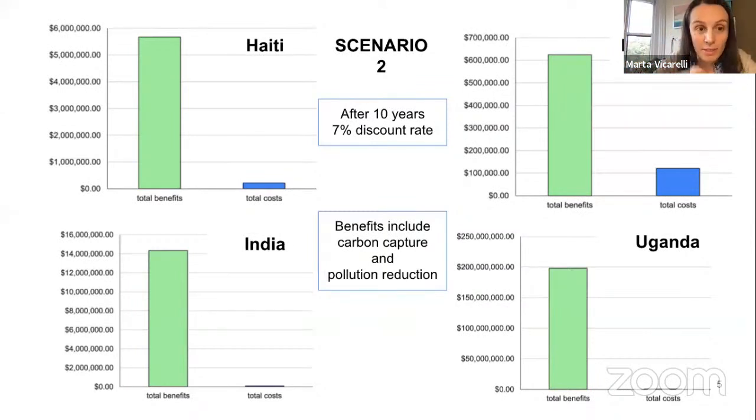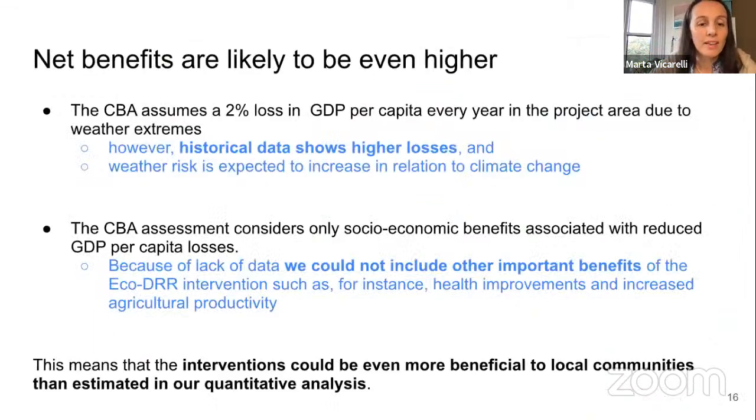And despite the fact that the benefits are already higher, we are still not taking into account all the benefits because, for example, we didn't have data about the benefits to health and other factors. So let's move on to the next slide. So net benefits are likely to be even higher.